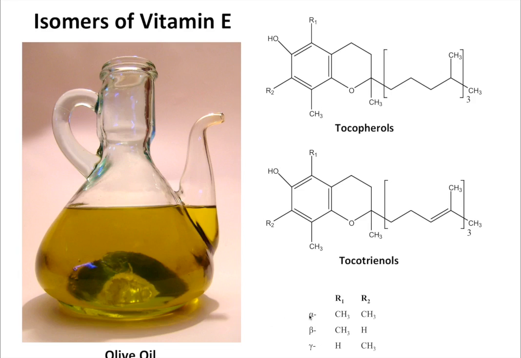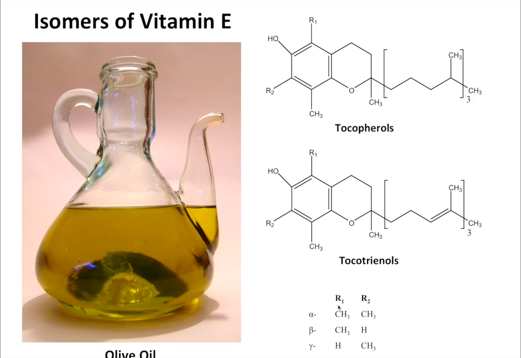You can have alpha tocopherol or alpha tocotrienol. You can have beta tocopherol or beta tocotrienol, and you can have gamma tocopherol or gamma tocotrienol, and you can also have delta tocopherol and delta tocotrienol.